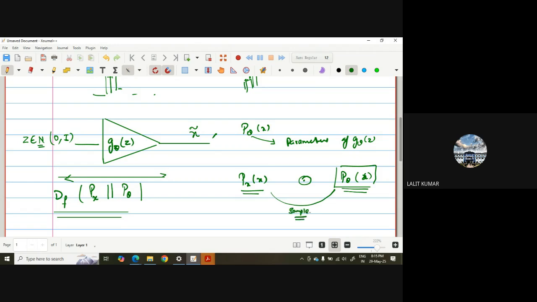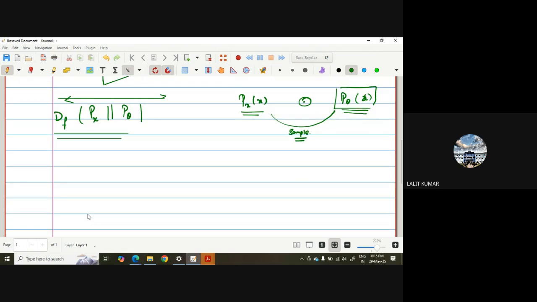Okay. So this divergence metric is defined as D f of px and p theta, defined as the integral over x of p theta of x times some function f of px of x over p theta of x, dx.